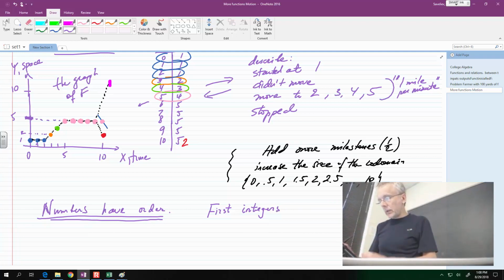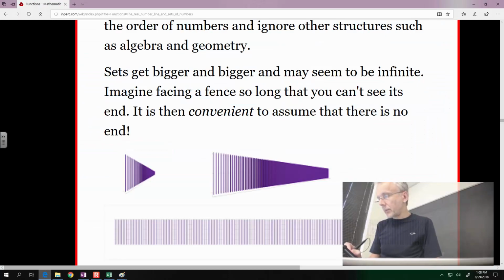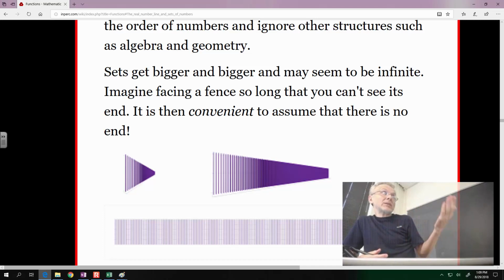Or maybe we'll have to wait until calculus. But that's the infinity that we have to keep in mind, and I have a picture for you here. Think about it like you approach a fence made of planks, and you look to the left and to the right, and it seems to go on forever, and you cannot see its end. If you cannot see its end, maybe it's infinite, maybe it's not. Practically speaking, it doesn't matter.